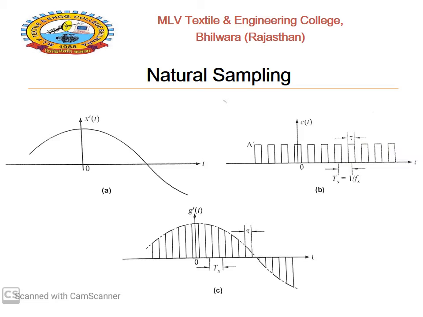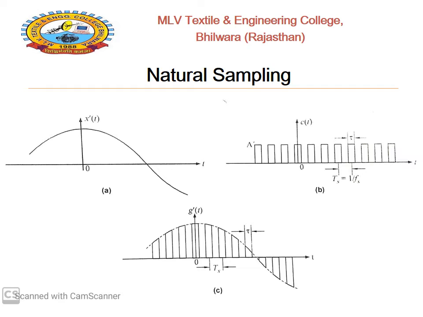Next is natural sampling. When we compare it with instantaneous sampling, in instantaneous sampling we use the impulse train, but in natural sampling we use the pulse train. Here it is a pulse, not an impulse.